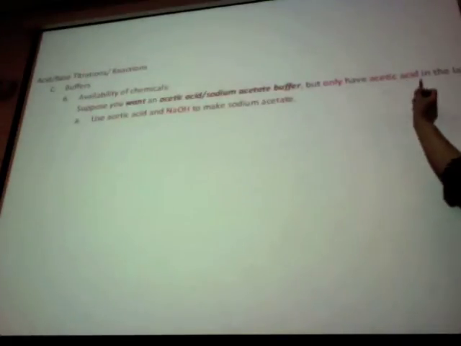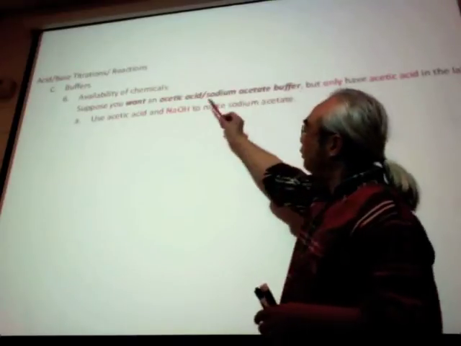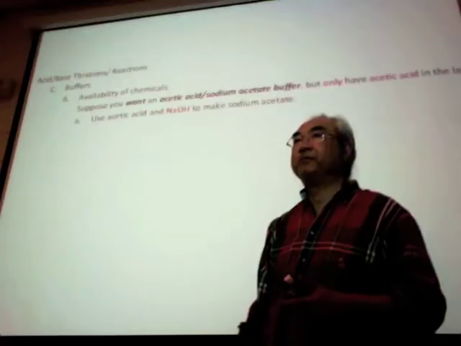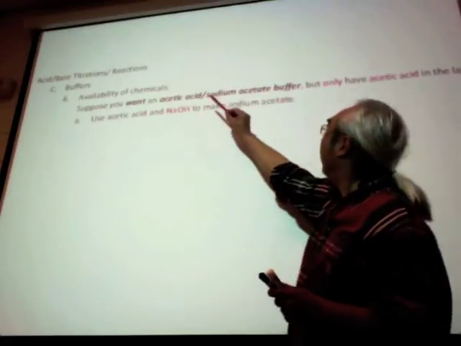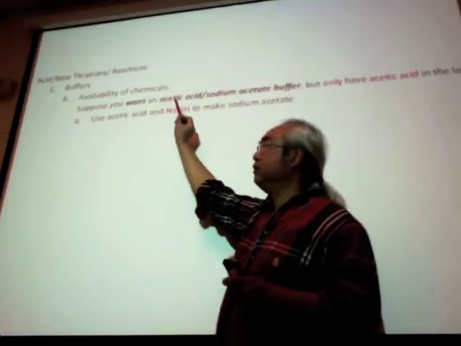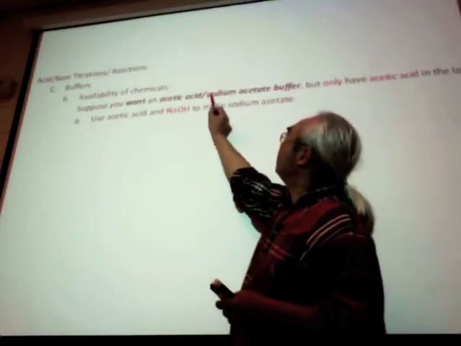So you have only that available in the lab, and sodium hydroxide should also be readily available. Once you have those available, you can generate the mixture and end up with the same thing as mixing with that.